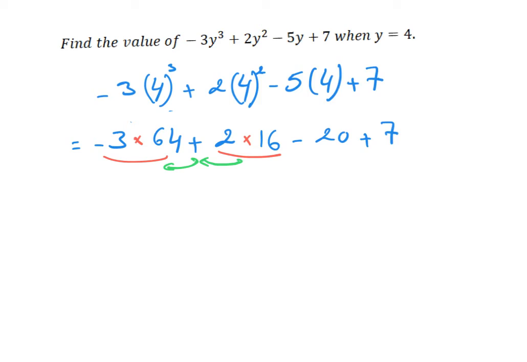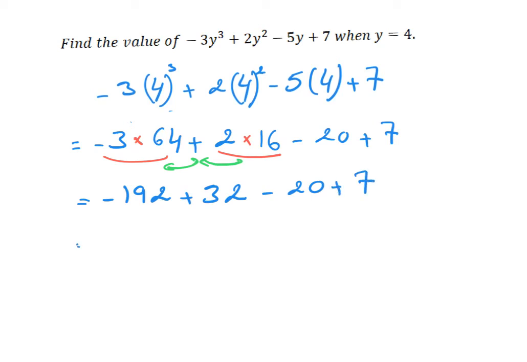So here we have negative 3 times 64. First of all, negative times positive is negative, and 3 times 64 is 192. So it's going to be negative 192 plus 2 times 16, which is 32, minus 20 plus 7.